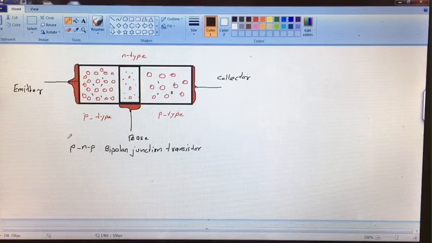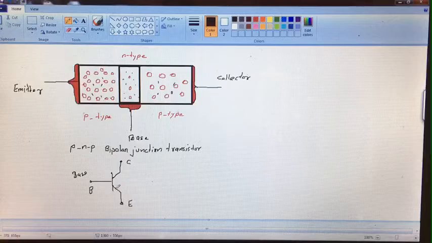Now, its symbolic representation. How can we represent BJT in symbolic form? Then this region is representing base, denoted by capital B. This region is denoting emitter, and this is denoting collector.